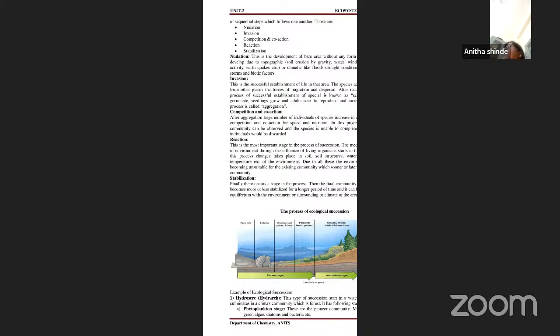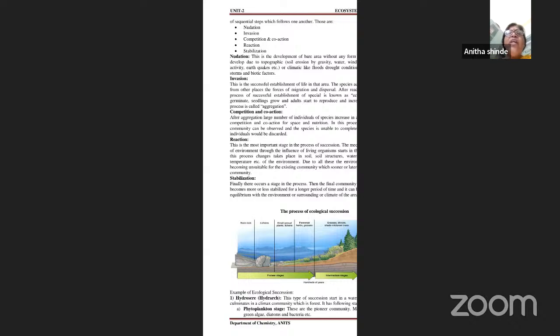Any community you may take, a forest community or an aquatic community, for the community to develop, it undergoes different processes or stages. That is nothing but ecological succession. What are those stages? Nudation, invasion, competition and coaction, reaction and stabilization.